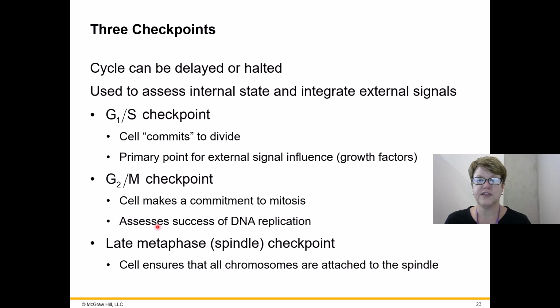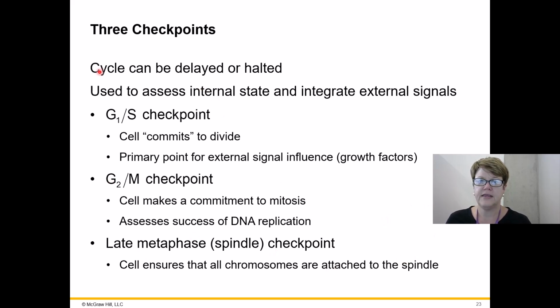So it's an important surveillance of the genetic material. And then in the middle of M phase, specifically in metaphase, there is a checkpoint in which the cell is checking to make sure each chromatid is connected to a spindle fiber so that the chromosomes will be segregated properly. So these are the three main checkpoints.